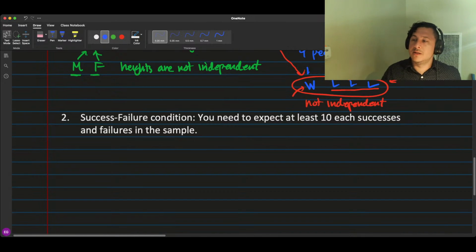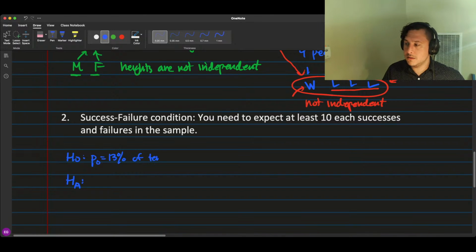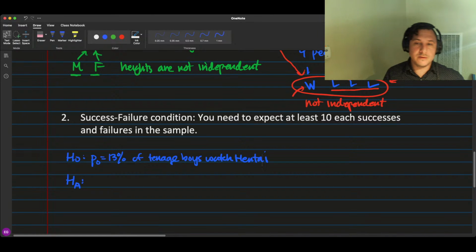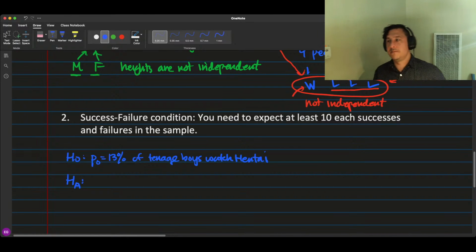Okay, let's go back to the hentai example. Remember, for the hentai example, our guess is, we'll just make this up, that 13% of teenage boys watch hentai.